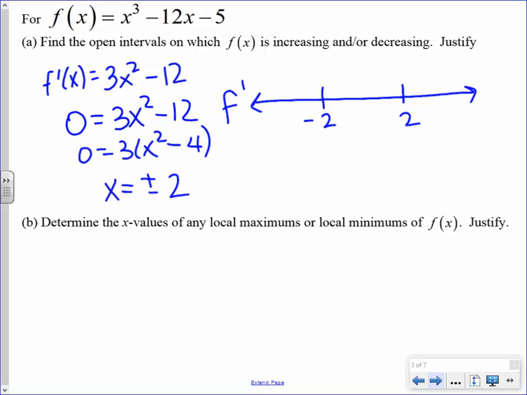Don't forget to label your number line. Okay. Then what did we do? We tested. So if we plug in -3, we got a positive value. We plug in 0, we get a negative value for our derivative. If we plug in +3, we got a positive derivative.